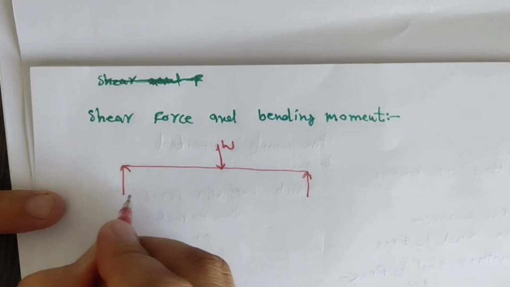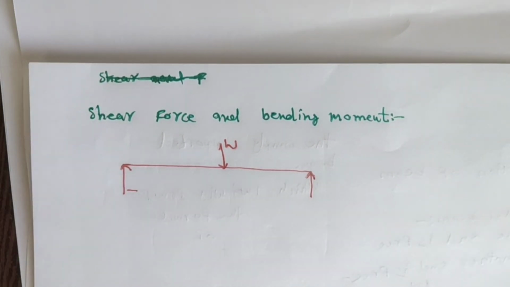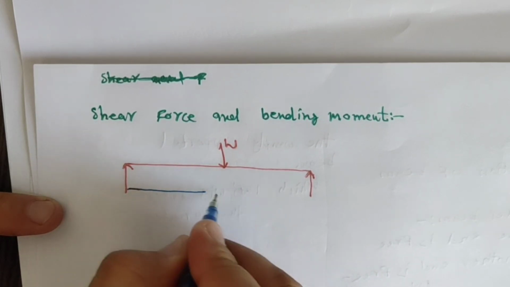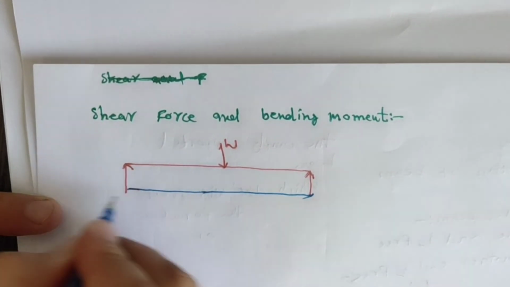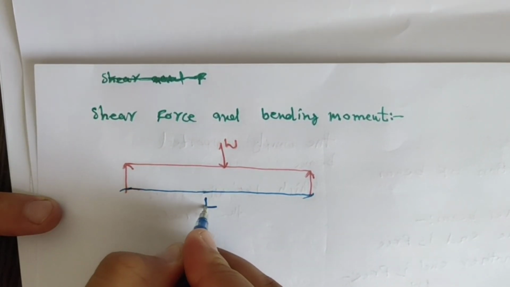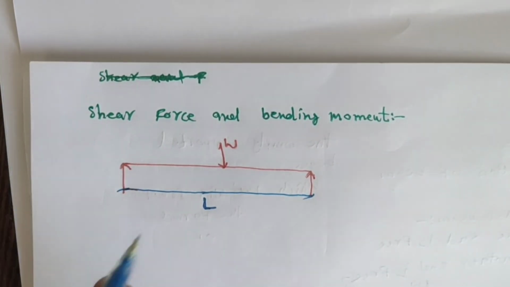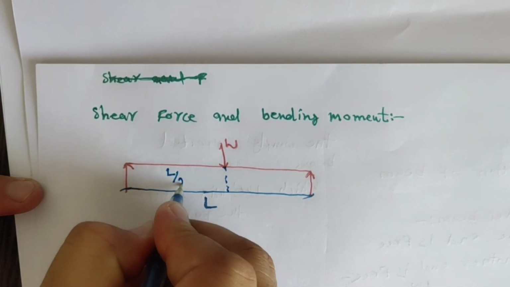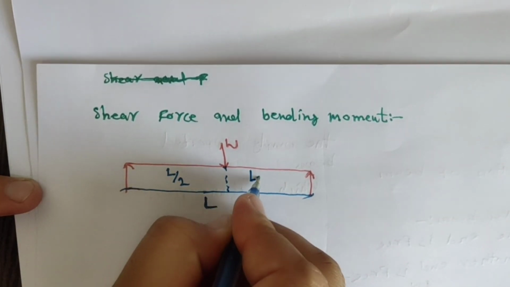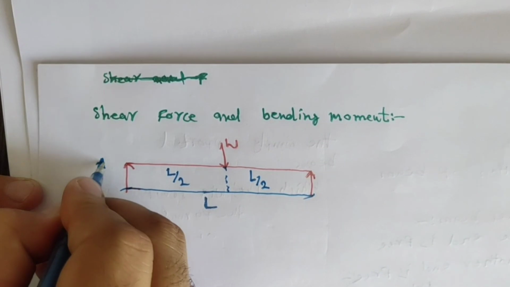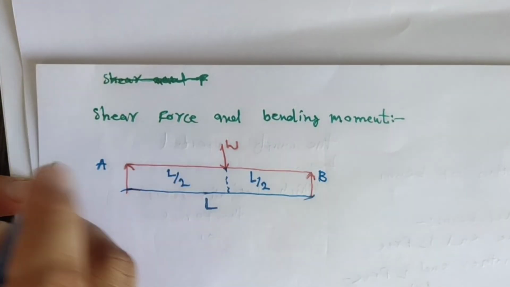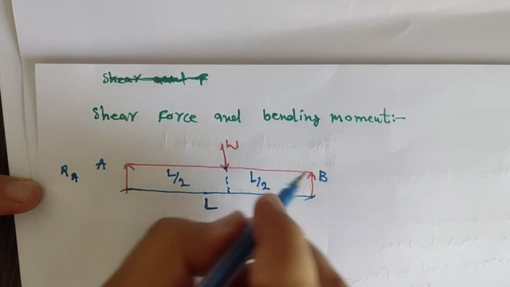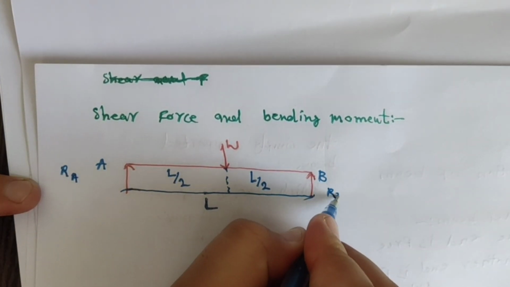The total length is called L, and this distance is L by 2, and this distance is also L by 2. This is A and B, which have the reactions RA and RB.